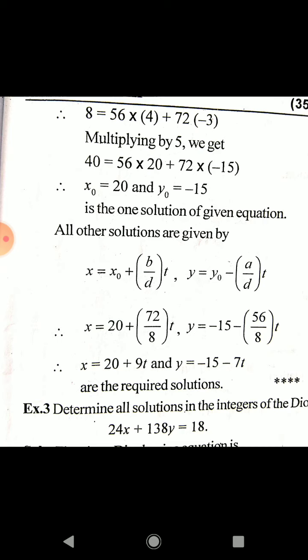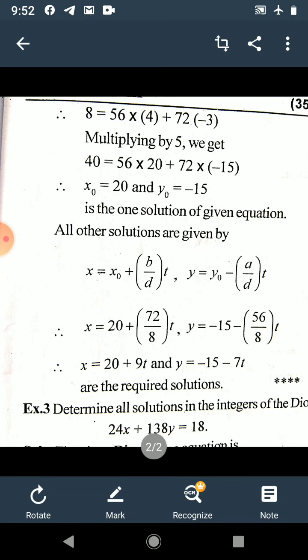Those students who are able to find the greatest common divisor of given two integers by using Euclidean algorithm, and then by reversing and putting the values of remainder one by one, obtain the value of x and y, and here multiply by the appropriate integer so that the right hand side of the Diophantine equation is same as that of the left hand side of the equation obtained by using Euclidean algorithm, and using this you can find the particular solution x0 and y0 and put these values in this formula.